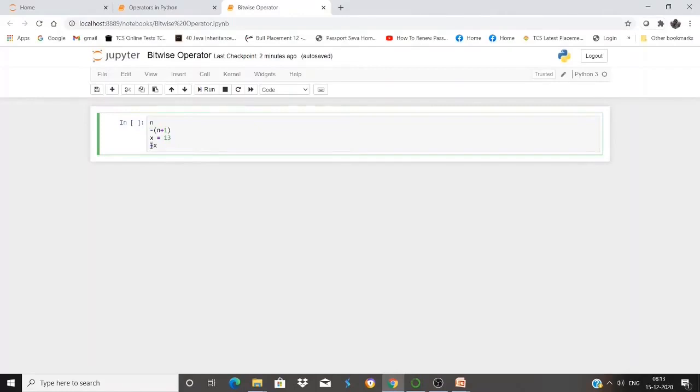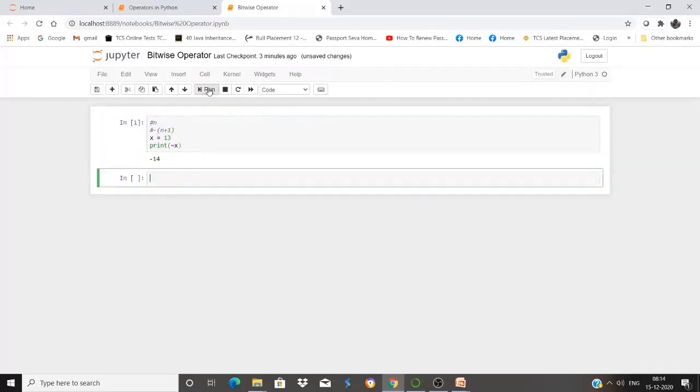You will find this symbol right below the escape key on your keyboard. So let's print the bitwise complement operator applied on the variable x. Let's comment out these things and let's run the cell.